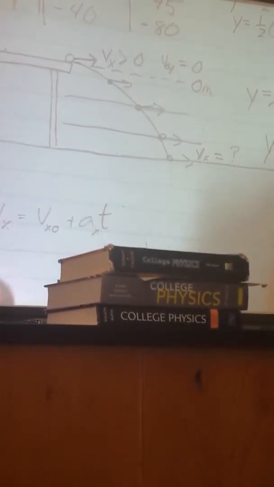Well, you would have to use the other equation to find the time. So y equals. This one over here? Yeah, we use that equation first to find the time, and then use the time.